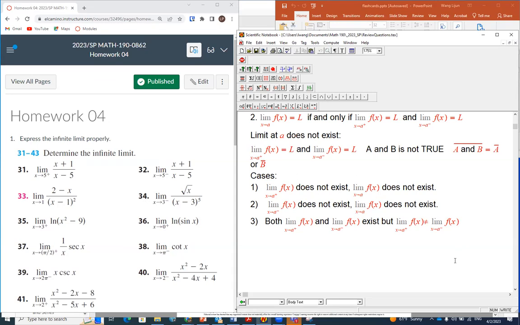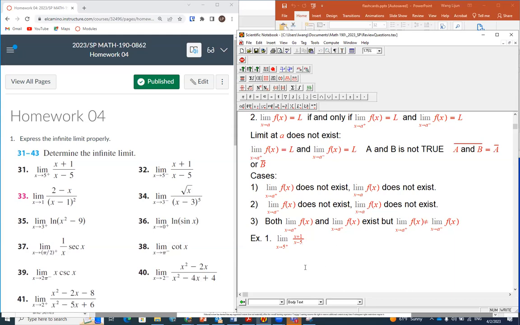This is example number 1. We have a limit, we've done this. You just have to look a little further. So x is approaching 5 from larger than 5. We definitely did this question, and we have x plus 1 over x minus 5.